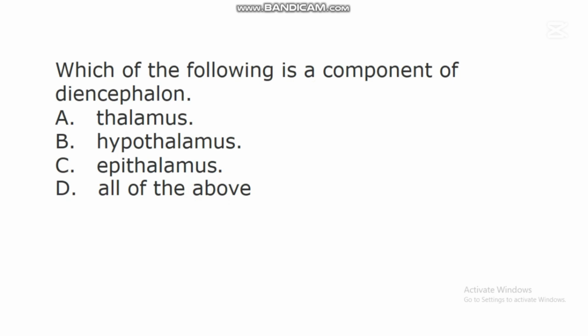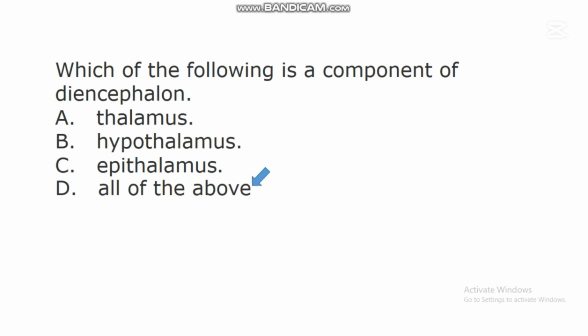The next question says, which of the following is a component of diencephalon? A. Thalamus. B. Hypothalamus. C. Epithalamus. D. All of the above. In this question, the correct answer is D. All of the above.